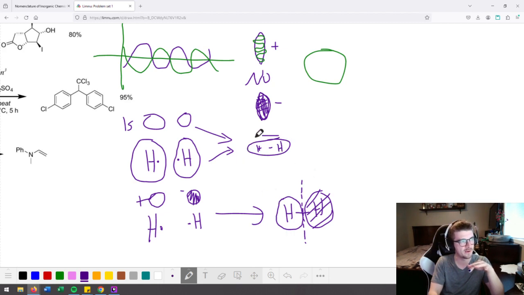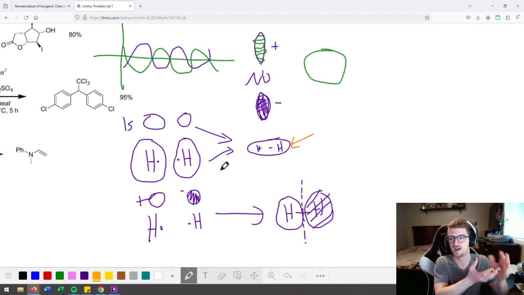So if you have an orbital like this one, a molecular orbital where two orbitals with the same phase have overlapped, then you've got this electron density across the entire bond.